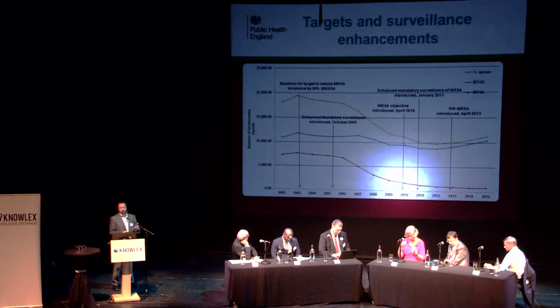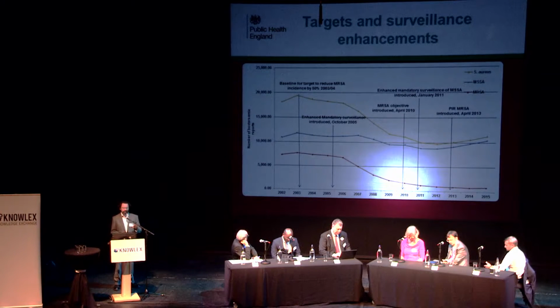So you can see the Staph aureus bacteraemia broken down by MSSA, MRSA, and the various introductions to the surveillance program, and also the targets that were used to bear against MRSA bacteraemia.